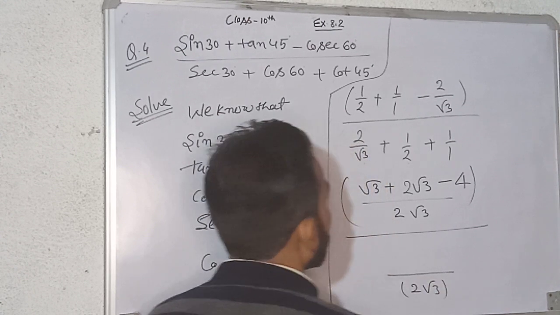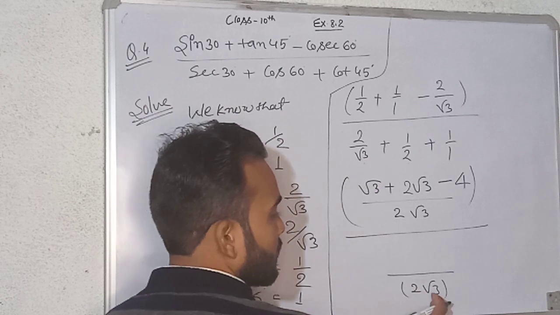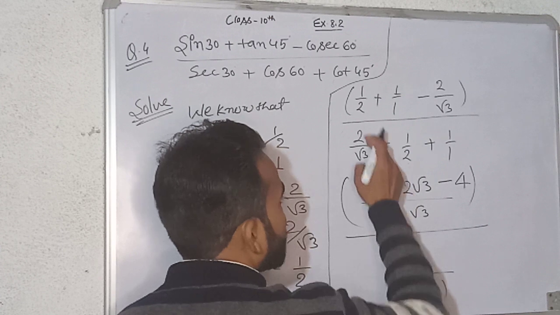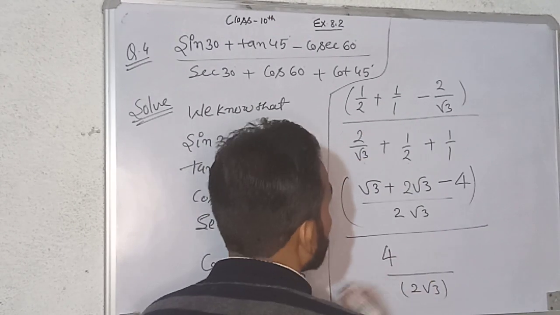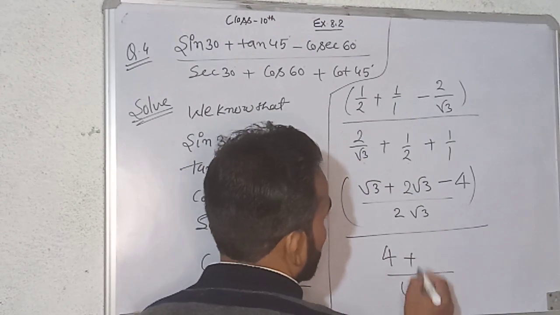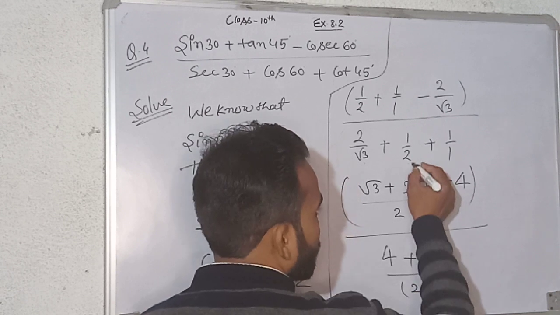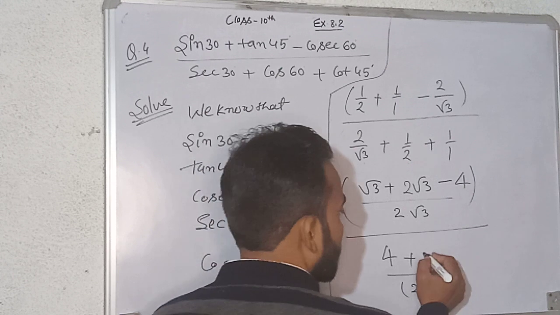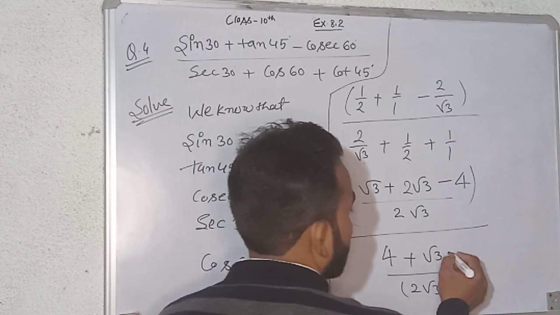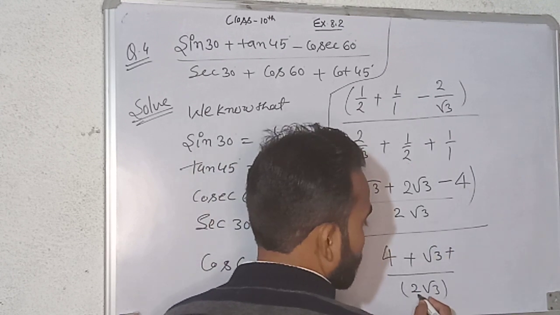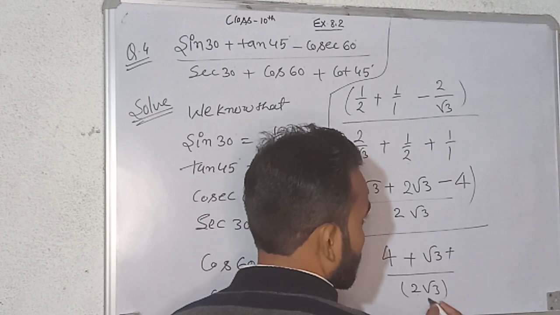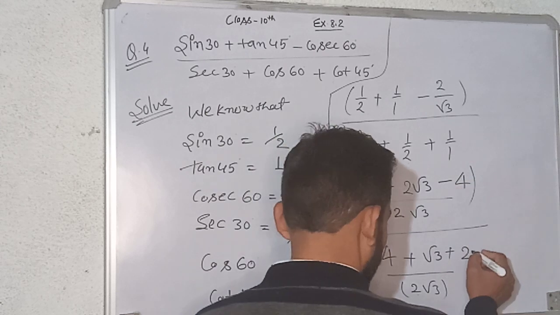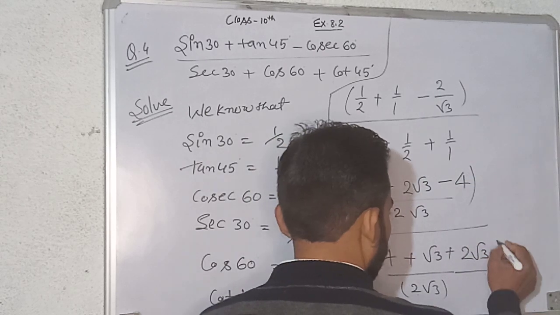Similarly, in the denominator the LCM is 2 root 3: 2 root 3 divided by 2 gives root 3, multiplied by 1 becomes root 3, plus 1 divided by 2 root 3 and so on, 2 root 3 multiplied by 1 becomes 2 root 3.